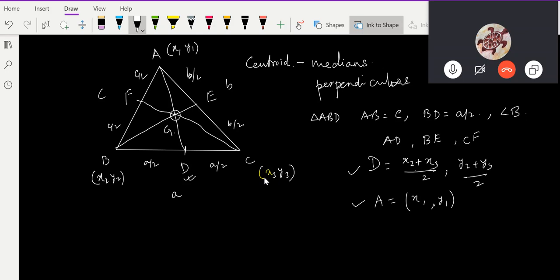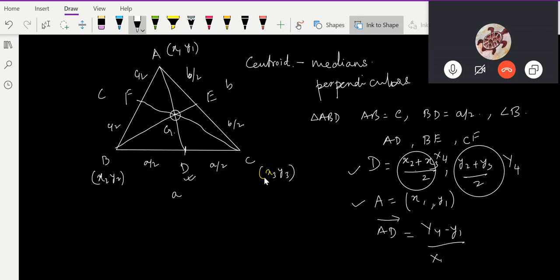If I call this y4 and this x4, then the slope of AD would be y4 minus y1 by x4 minus x1. Are you able to follow this?